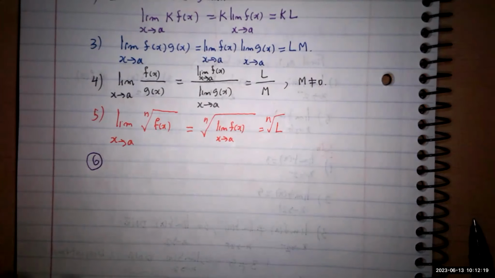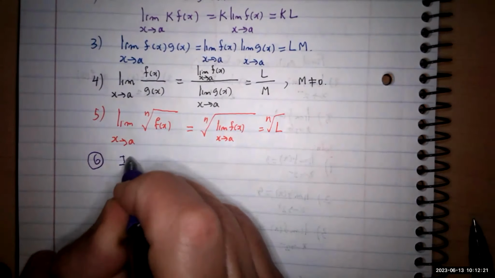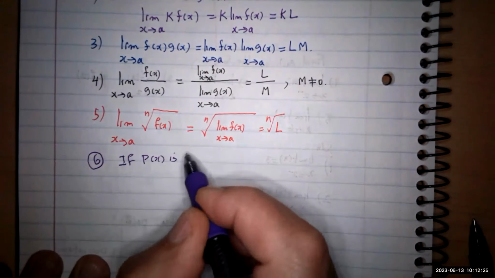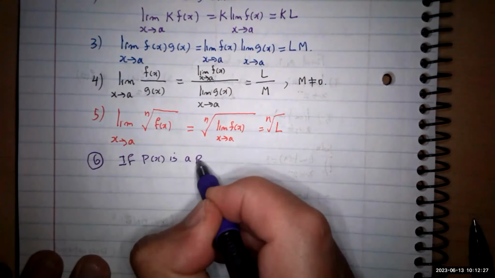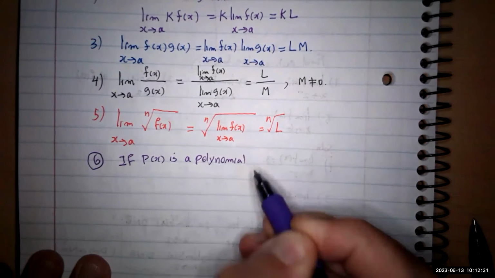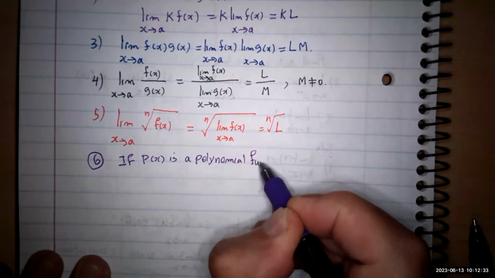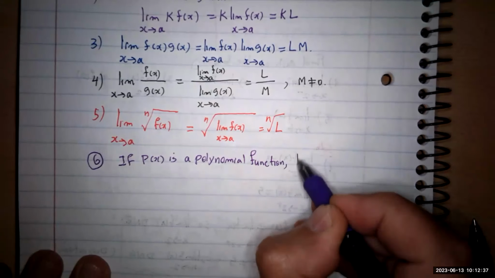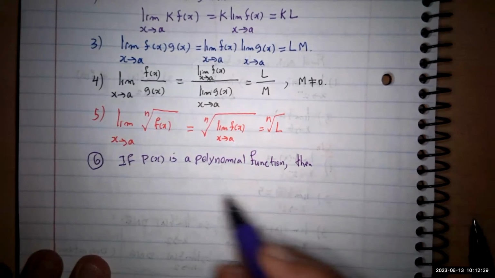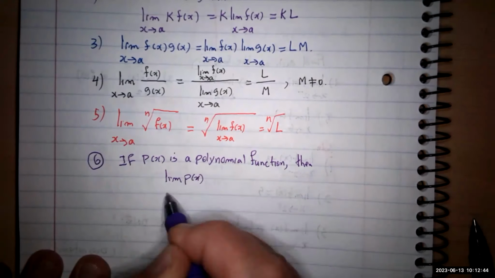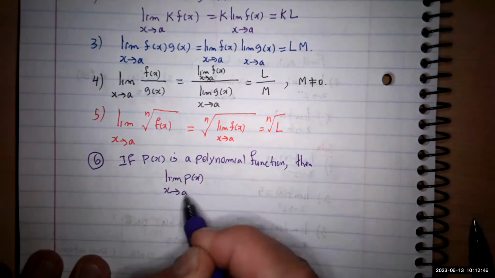So if p of x is a polynomial, it's going to be a polynomial function. You see, then simply the limit of P of X when X goes to A is simply P of A.